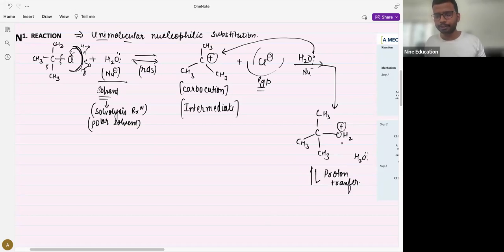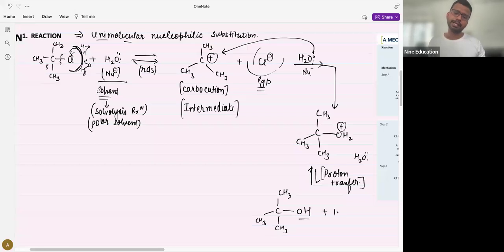It will remove H positive from here and it will give H positive to another. This is known as proton transfer reaction. This is also in equilibrium. So यहाँ पर इसने अपना proton transfer कर दिया and it will give us alcohol. It will give us alcohols and it will give the proton to H2O को दिया and it will become H3O positive. H3O positive. Understanding or not?